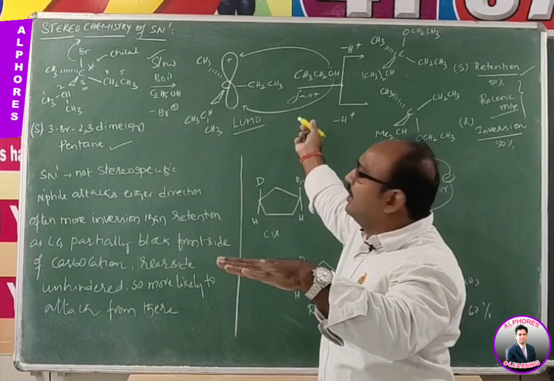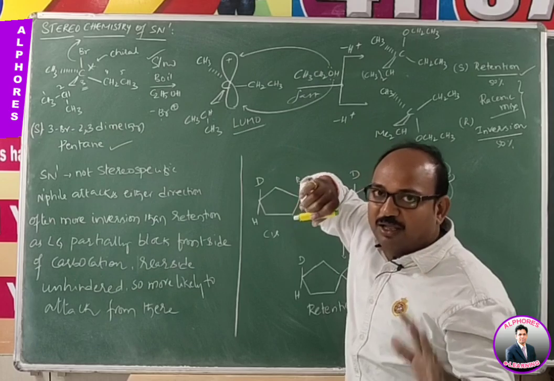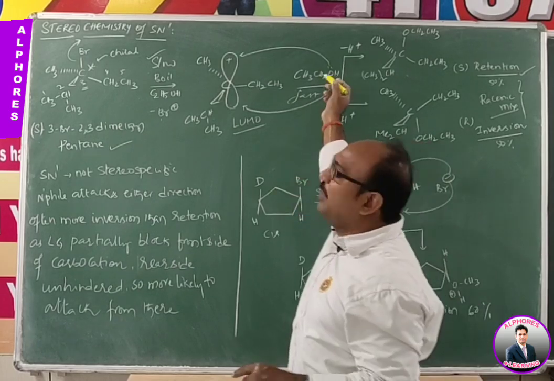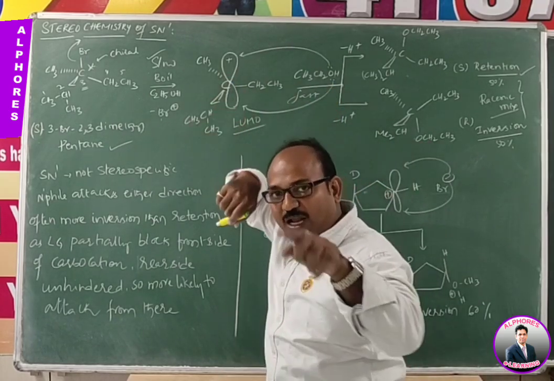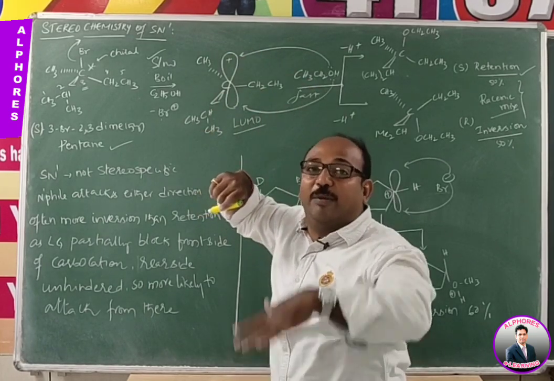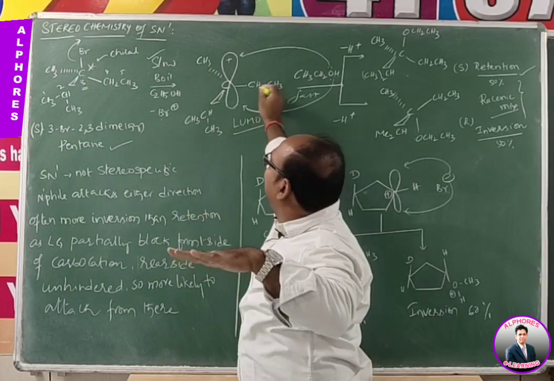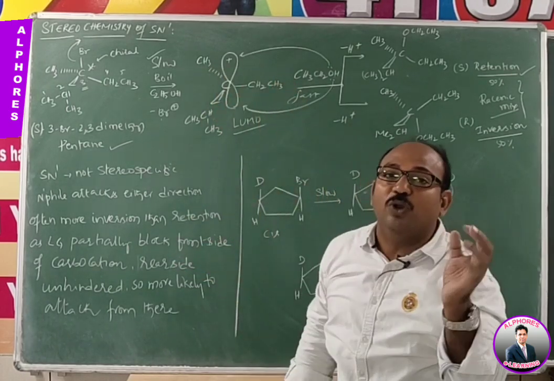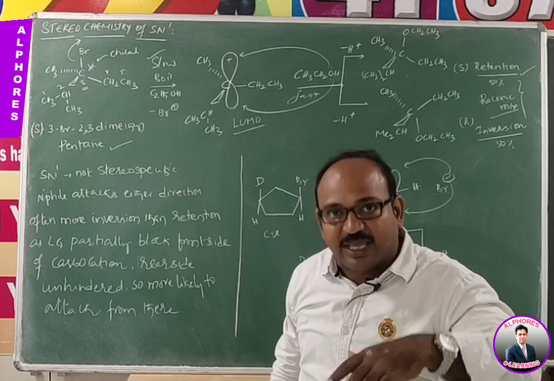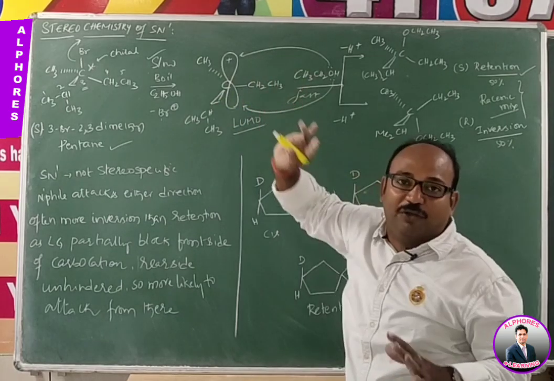Now the approaching nucleophile, here a neutral molecule, ethyl alcohol, comes and attacks the vacant orbital. That vacant orbital lies above and below, perpendicular to the plane containing the bond pairs. Pure p orbitals always lie above and below the plane containing the bond pairs of electrons.